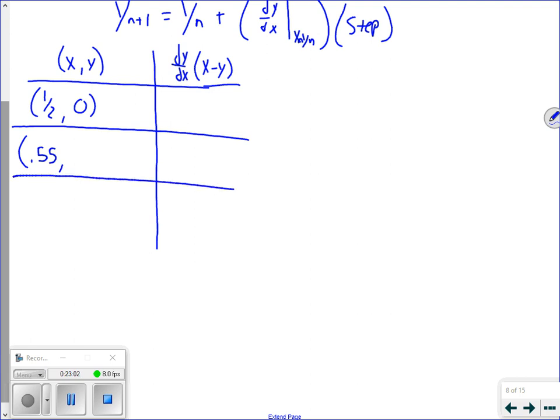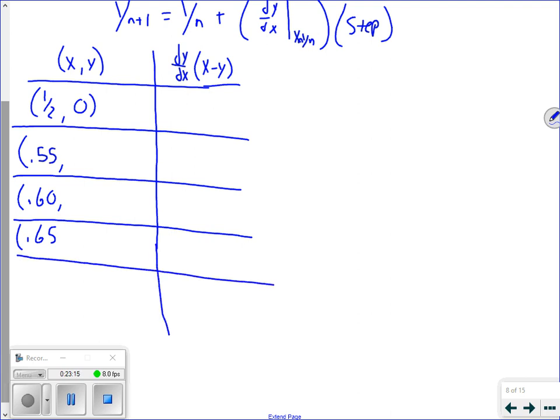And then another step up would be 0.60. Another step up would be 0.65. Another point up would be 0.7. And then finally, my last step would be 0.75.